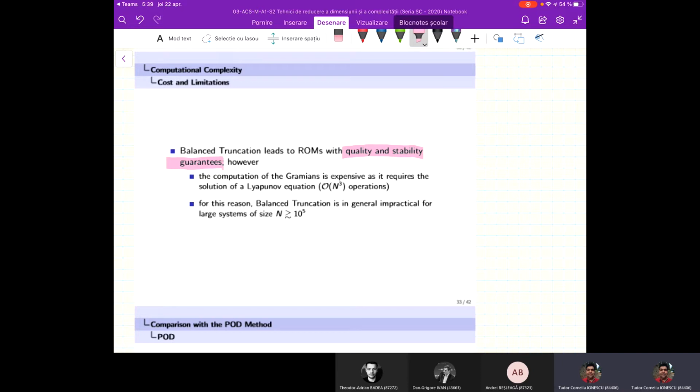It's not only matrix vector multiplications, it's a cubic effort, O(n^3), which is devastating from a numerical point of view.